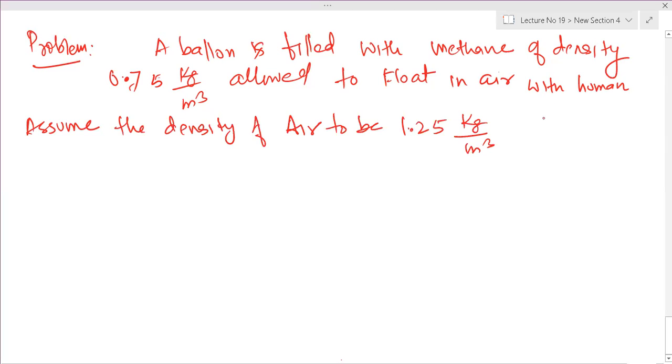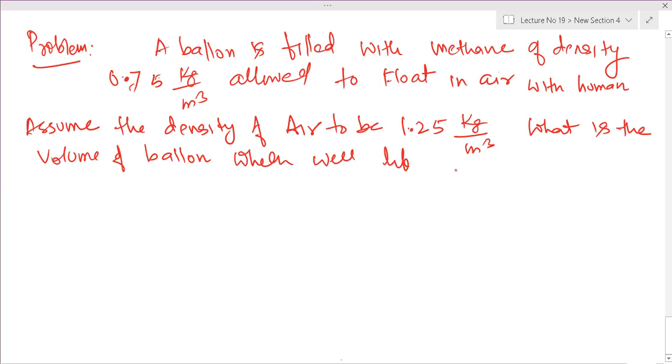What is the volume of balloon which will lift a man, or a woman or a man, of weight 750 Newton, 75 kg.